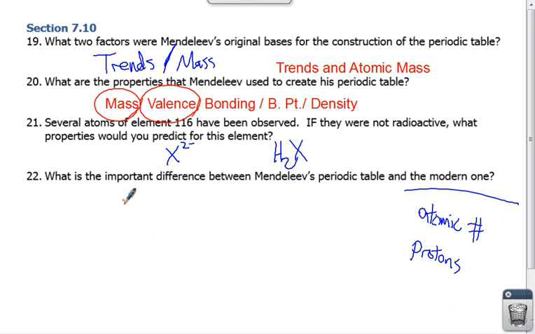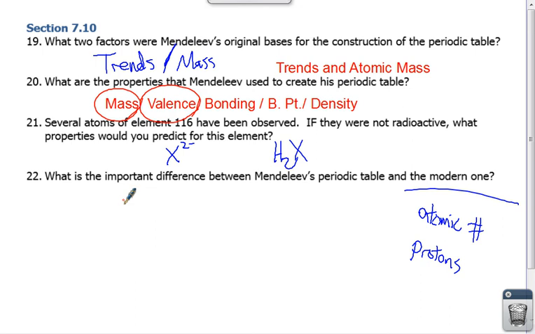And then we get to the next period, 1, 2, 3, 4, 5, 6, 7, 8. And it keeps repeating, right? So he marked that down. He also noted that boiling points and densities followed a pattern within that pattern. Those are all facts about history. Are those things we ask about in AP Chemistry? No, they're just the interesting background stuff.